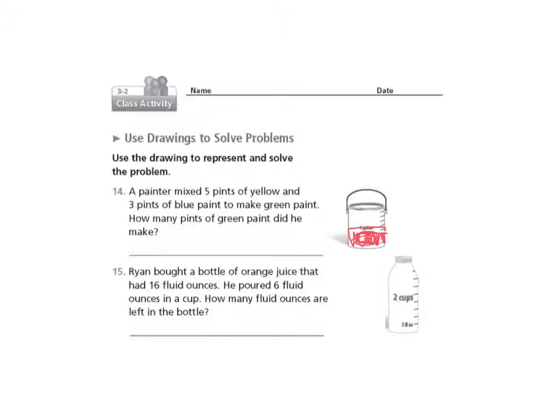And then 3 pints of blue paint. 1, 2, 3. So now, how many pints of green paint did he make? Because yellow and blue make green. I could count the lines here and use this drawing, or I could also do 5 plus 3 equals 8 pints.